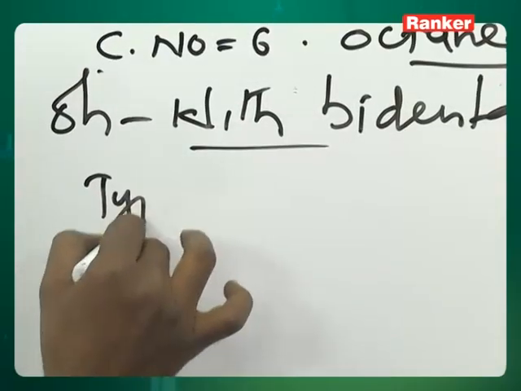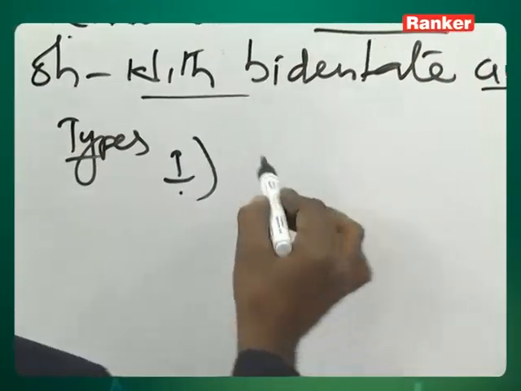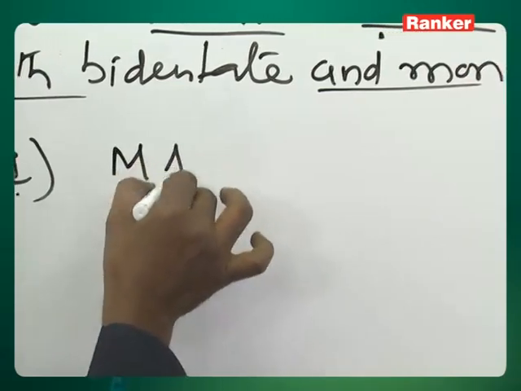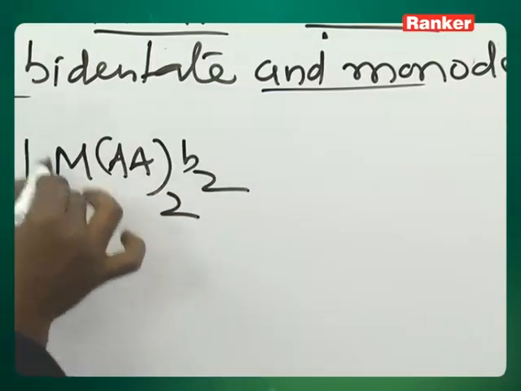Types under this: you take bidentate and monodentate, M(AA)2B2.